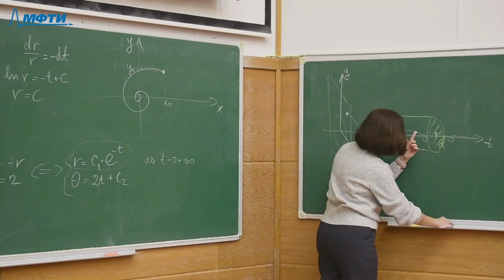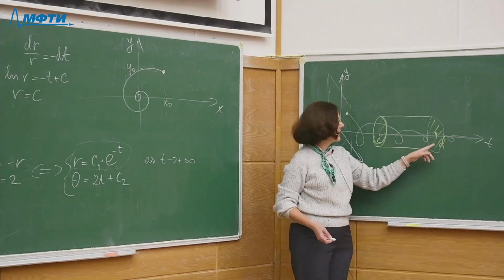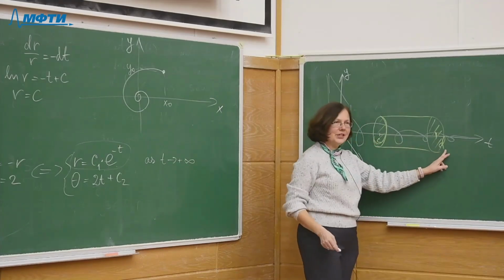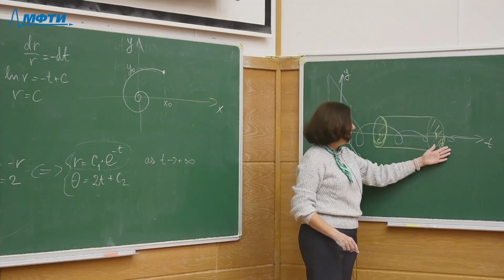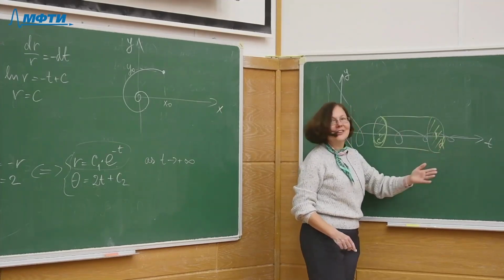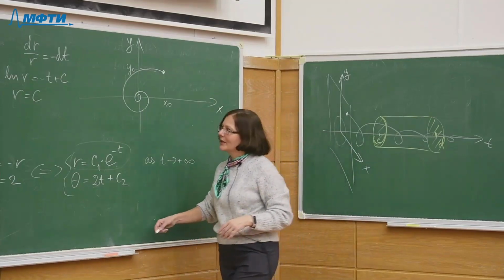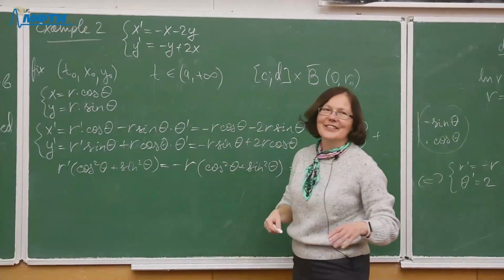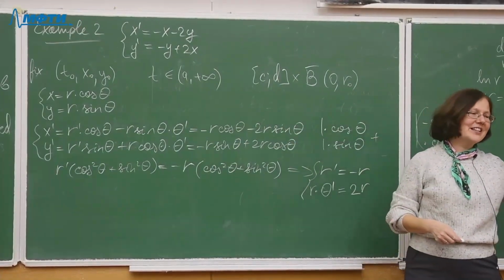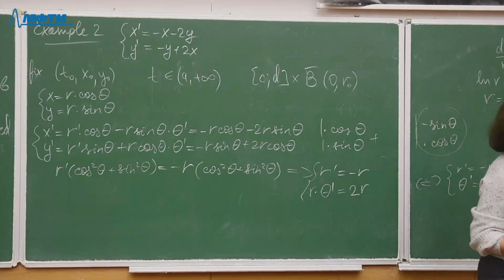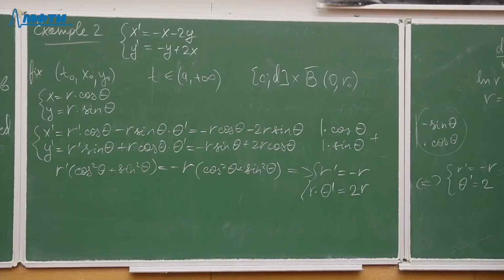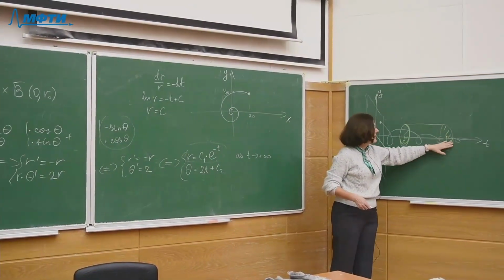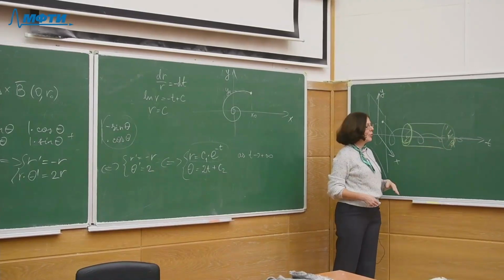Since this is true for any value of d, the maximal interval must have b equal to positive infinity, right? So we can extend our solution to any value of t, since we intersect the base of the cylinder, this wall.